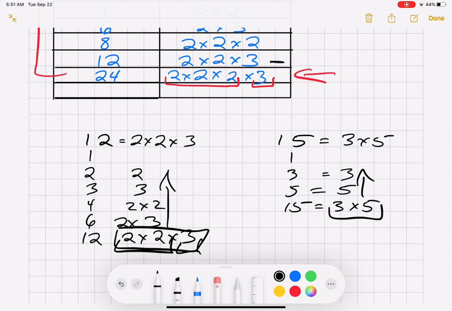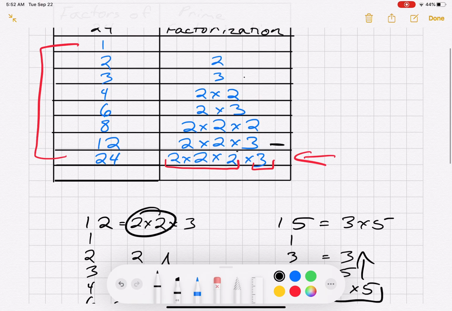So I can't have fewer 2's in the product than there are in one of the factors. So if 24 has 3 2's in its prime factorization, right here, no factor of 24 can have more than 3 2's.